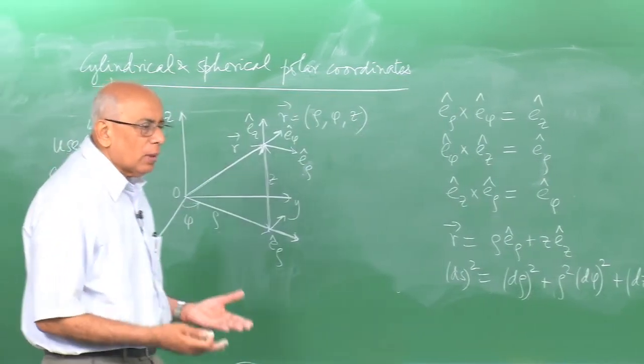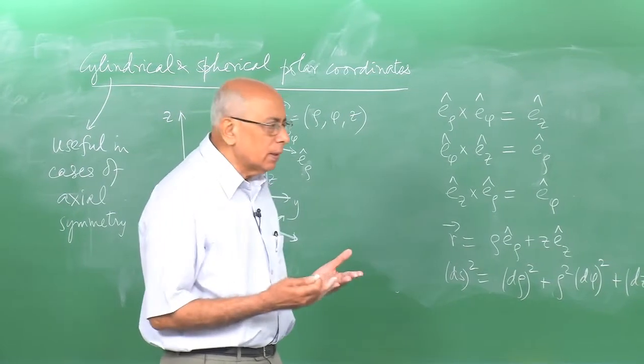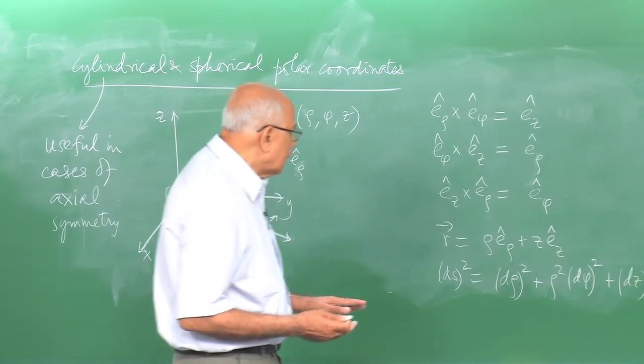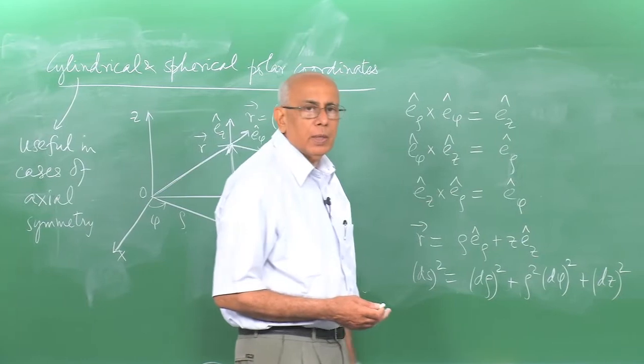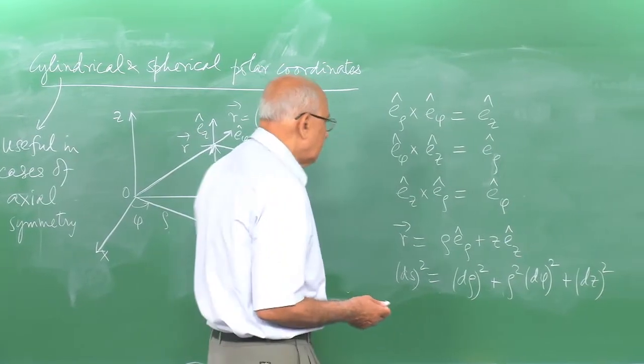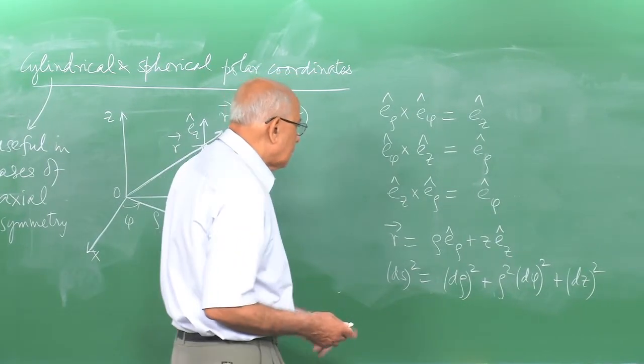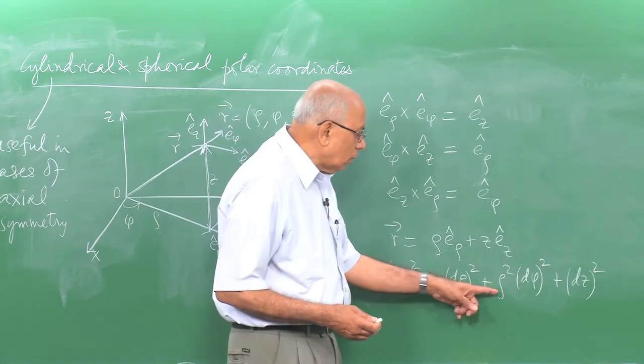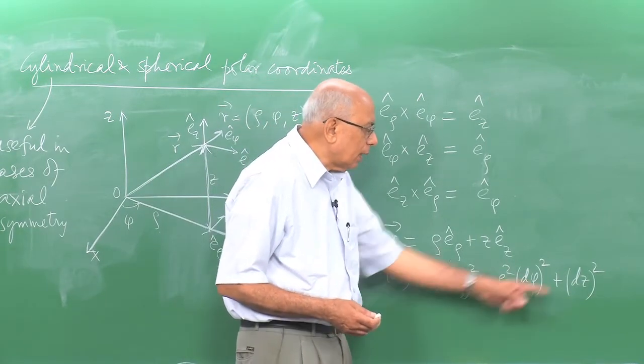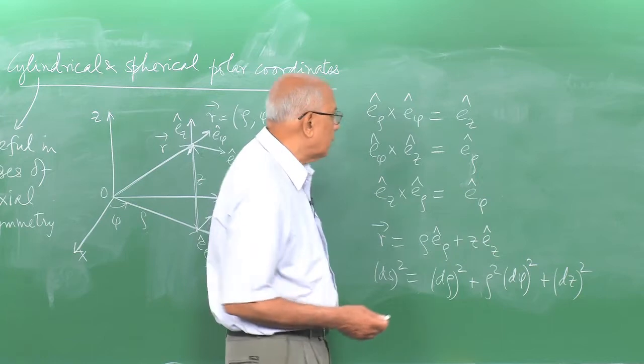So cylindrical polar coordinates is a straightforward extension of plane polar coordinates, just adding the third Cartesian coordinate to it and nothing more than that. Okay. The ranges of these variables have been written down already. Rho is 0 to infinity, phi is 0 to 2 pi, and z is minus infinity to infinity.